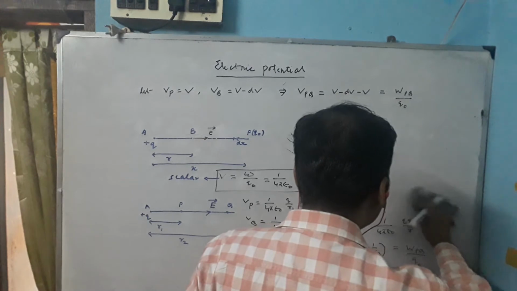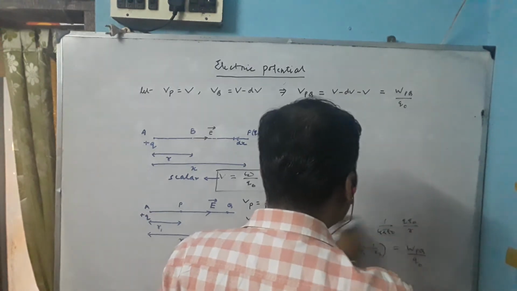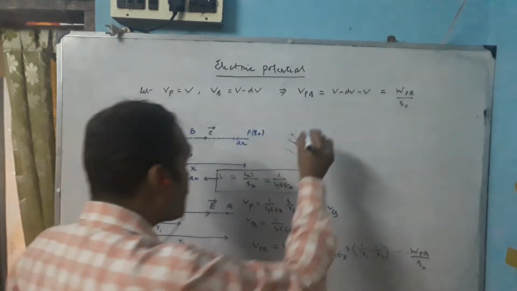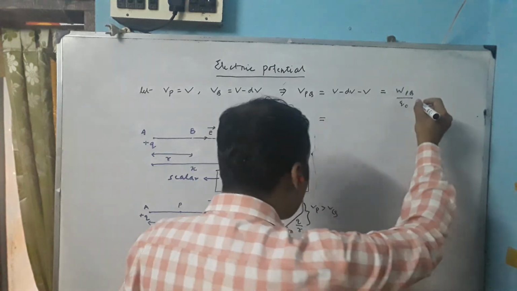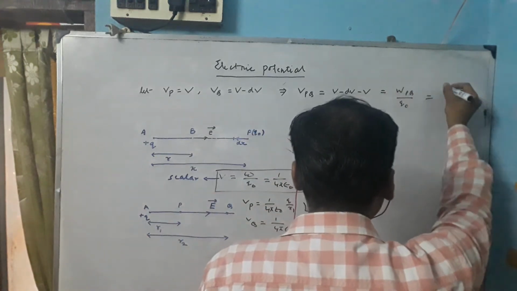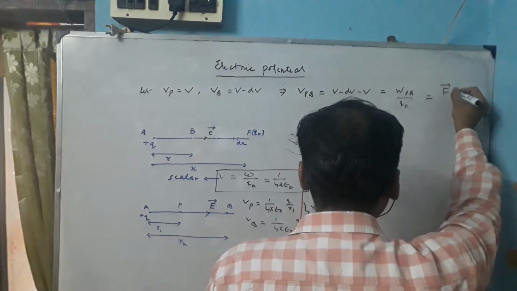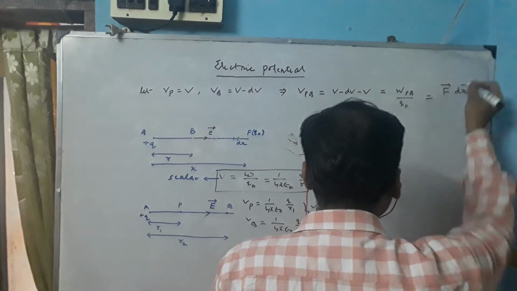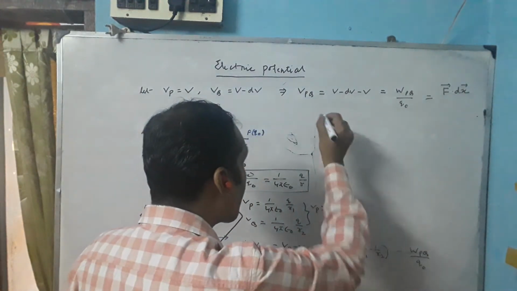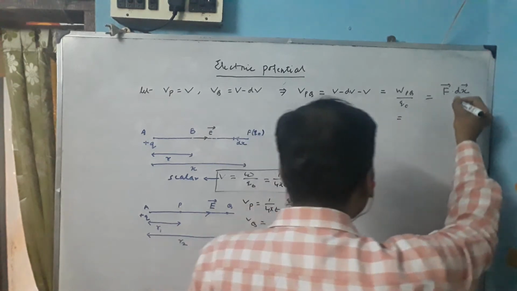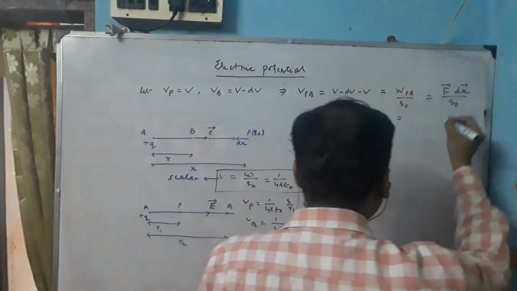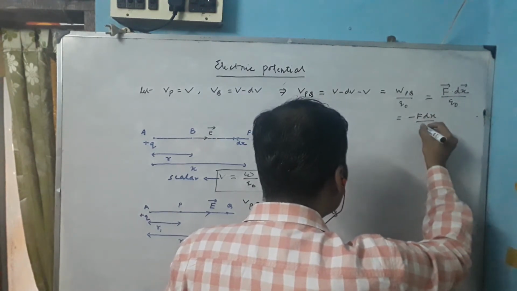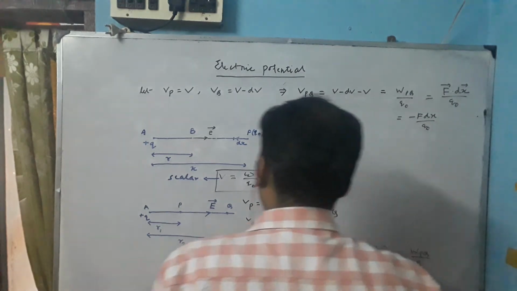Now let's see where I want to go. Work done means, again, you can write force into, say, displacement dx. So on the right hand side you can write minus F dot dx as shown earlier.